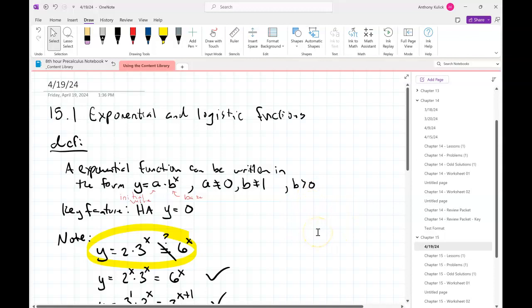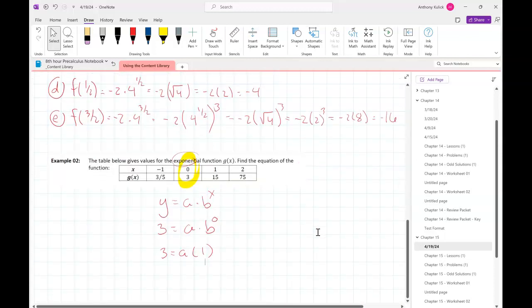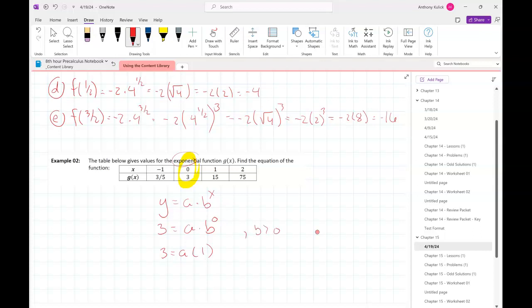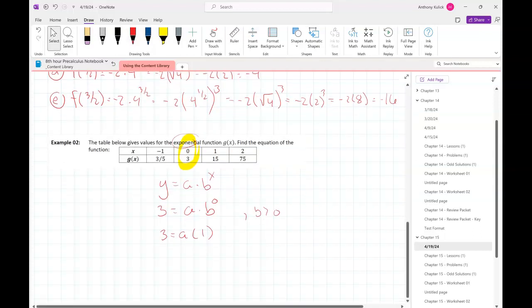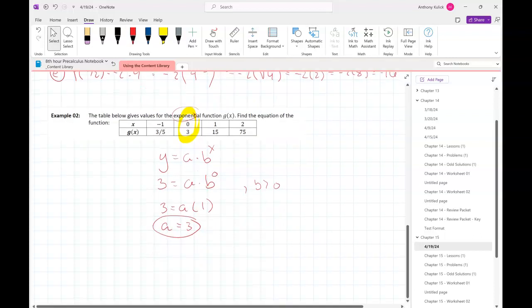Then we define it so that b can't be 0. So there's that. So a is 3, right? Everybody cool? Okay.